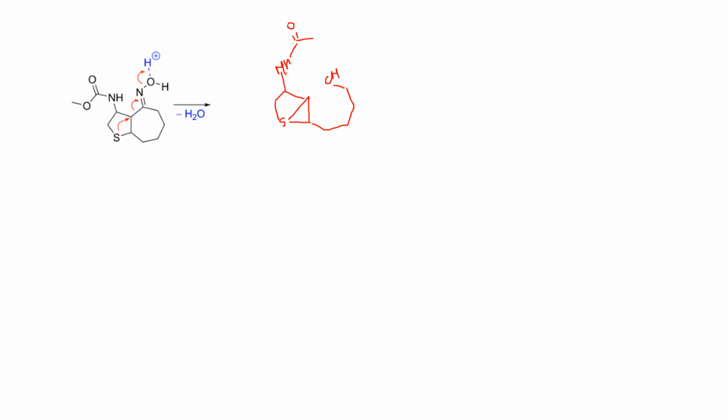As nitrogen has a lone pair, it can attack again at this position and sulfur opens, forming a stable type of system.